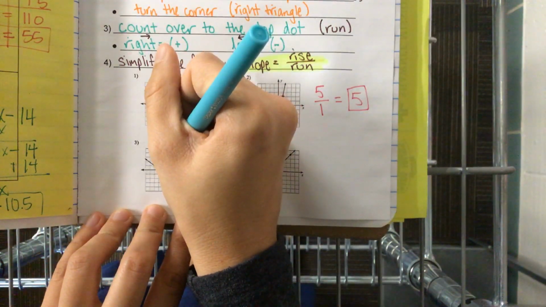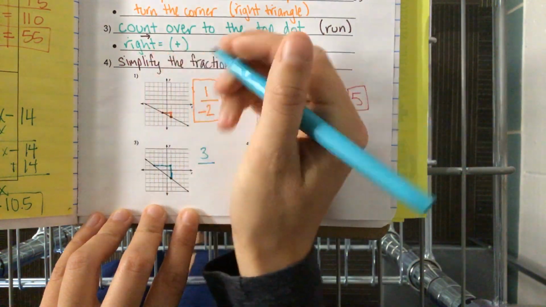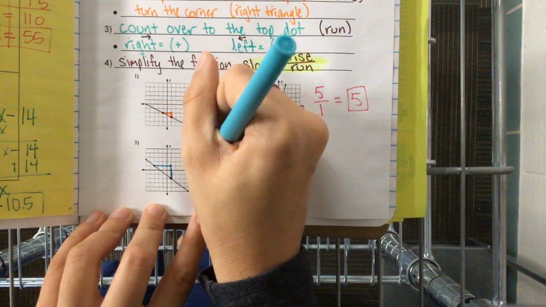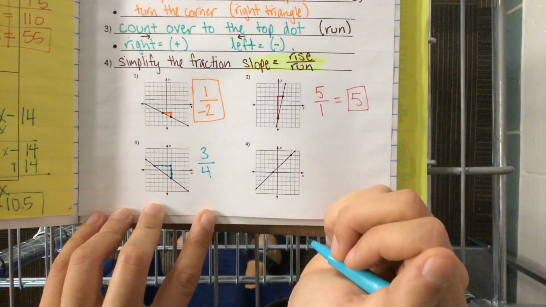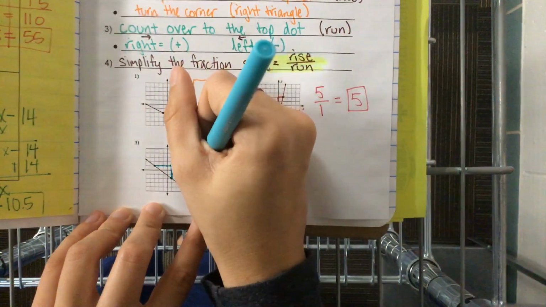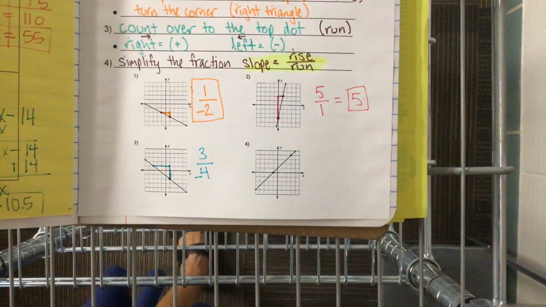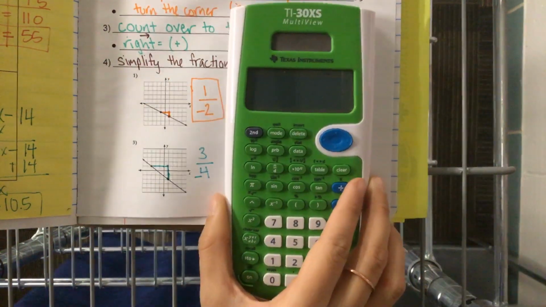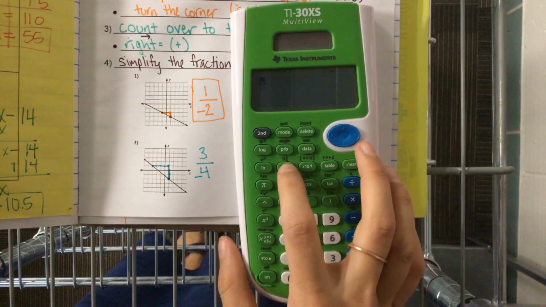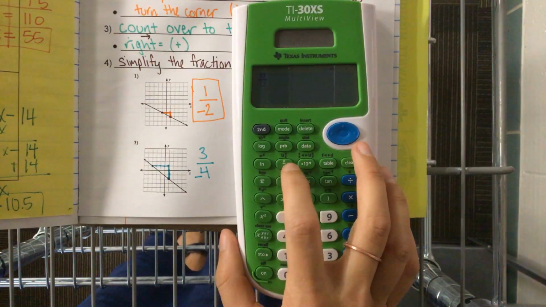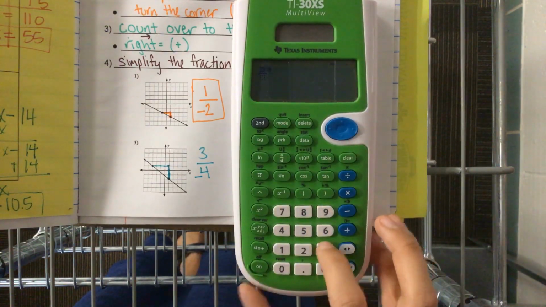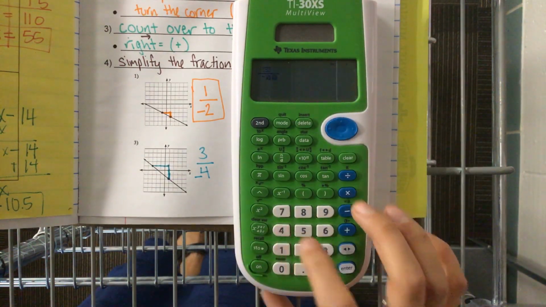We went over 4, but what direction did we go? The left. We went to the left, so it's negative. Now check it in your calculator. See if this can be simplified. This n over d button, numerator over denominator. 3 over -4.